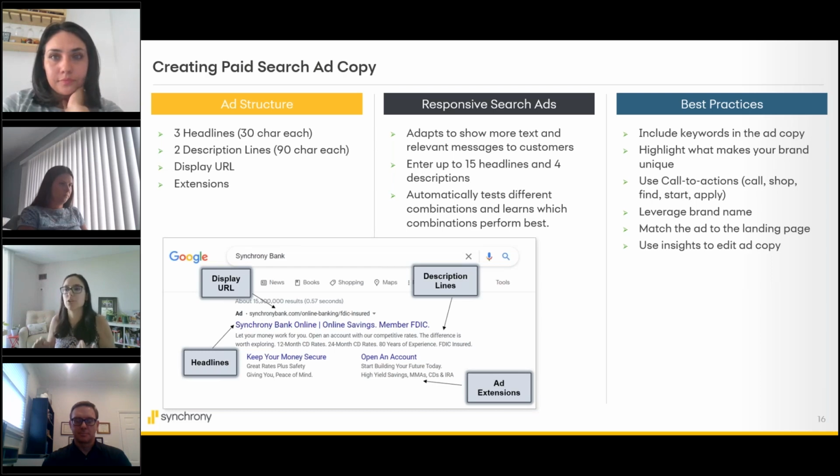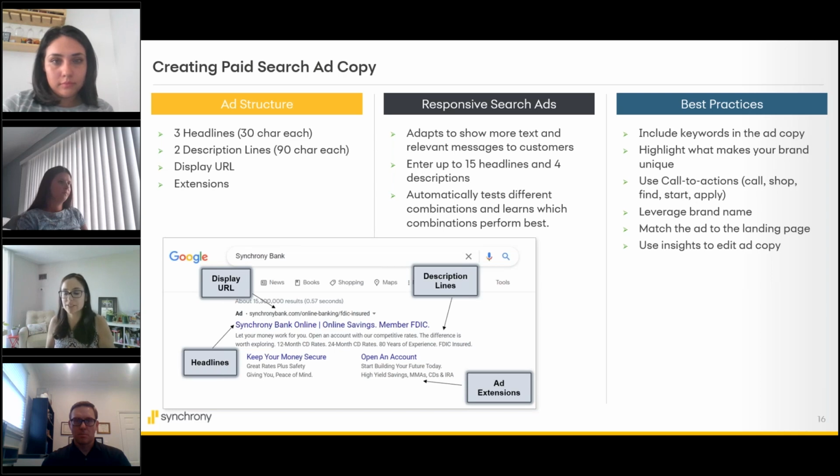You want to make sure you are including value props and promotions, so any sale you have, you absolutely want to advertise that. Anything that really makes your company unique, you want to include. So in this example, I have online savings, member FDIC. That's my value prop. It shows, hey, we are very legit.